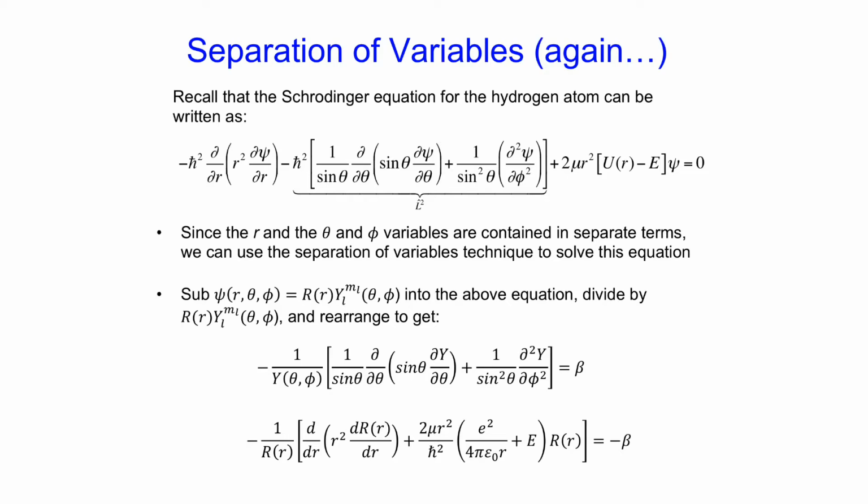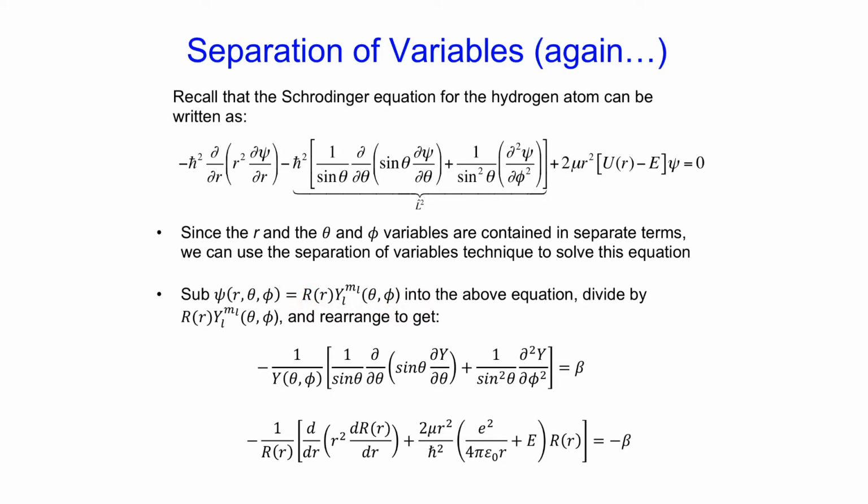Moving through our separation of variables approach, just hitting the highlights, what you would do is sub in for the wave function. Wherever you see your psi in that Schrodinger equation, you'll plug in this expression of your R of r times your spherical harmonics.